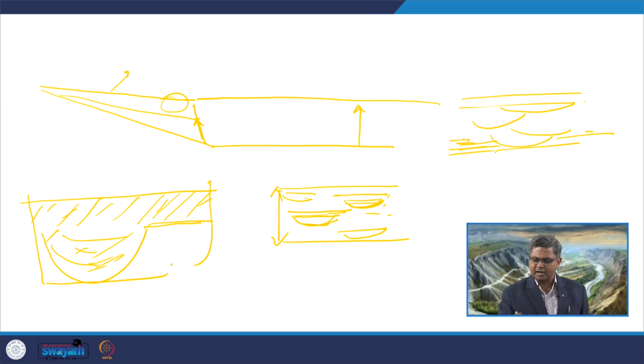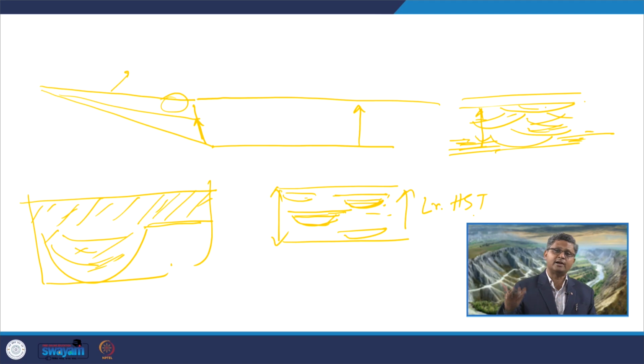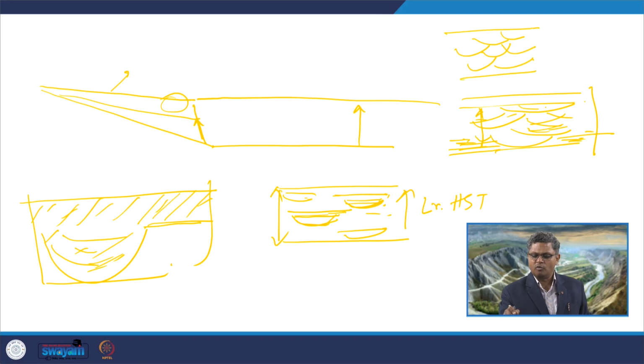So, these are some floodplain deposits, and in between that we get this kind of channel deposits. So, now the channel deposits, they are amalgamated more frequently with respect to this part. So, this we will get in the lower part of the HST, where aggradation is going on at higher rate with respect to progradation, and this kind of scenario where multiple amalgamated channel fills separated by some intermittent overbanks, that will be the characteristic of upper part of the HST.